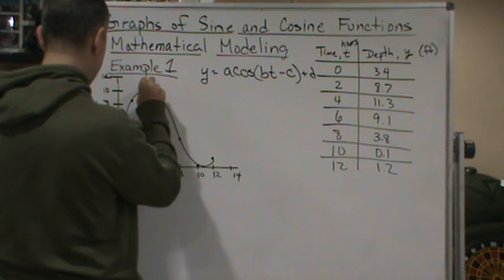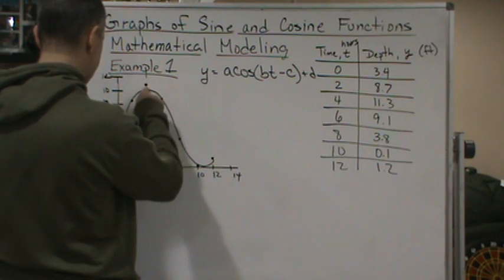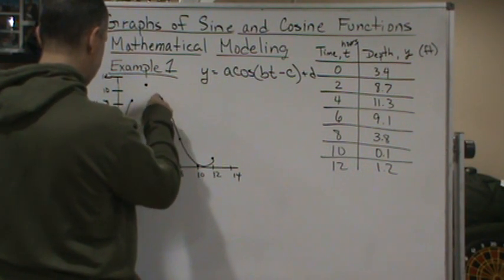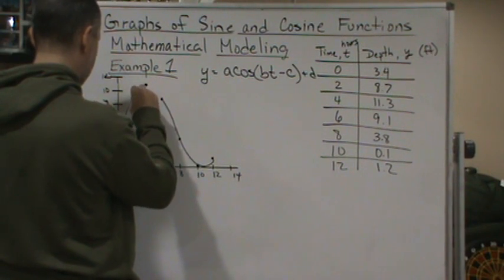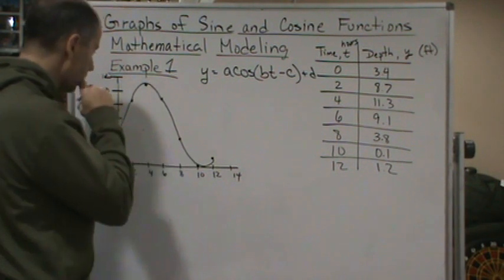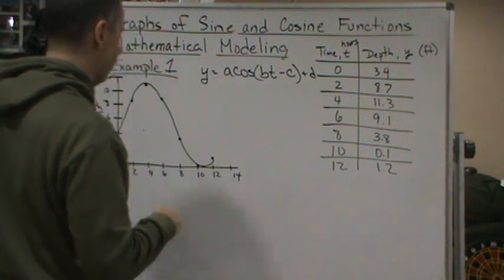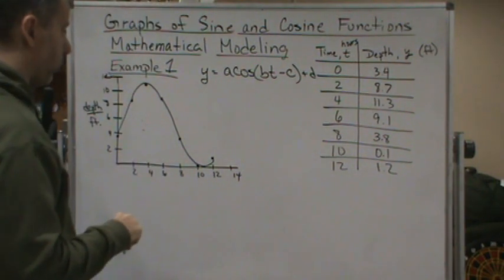This should be up here. Let me redo that. Like so. So 11.3, and the minimum point was 0.1.